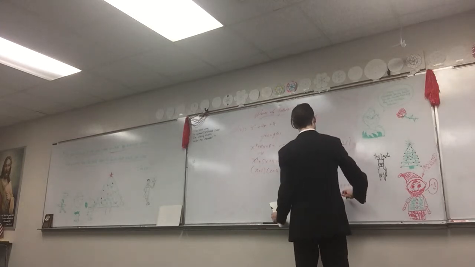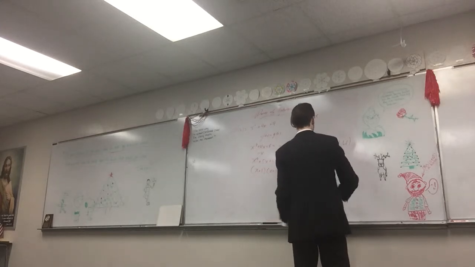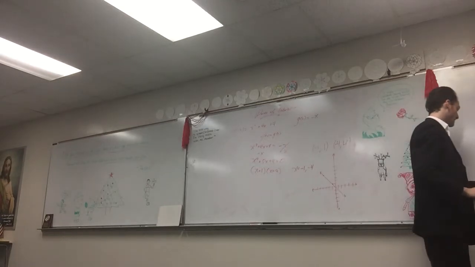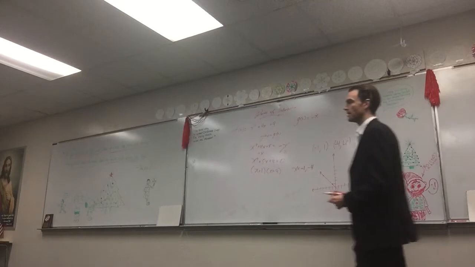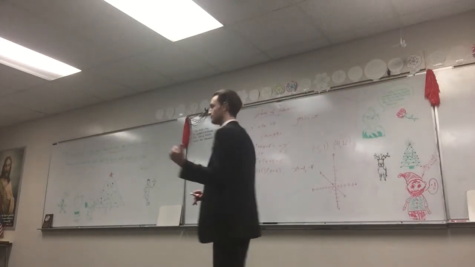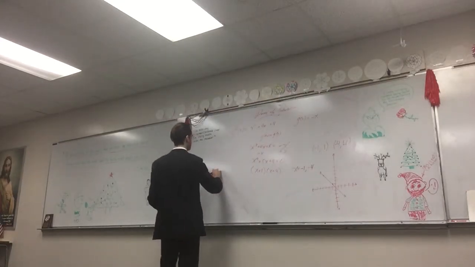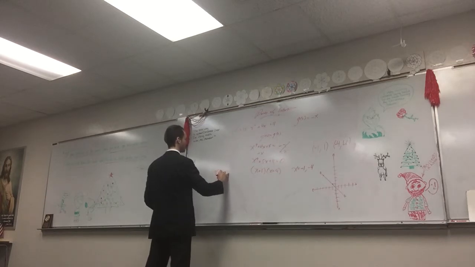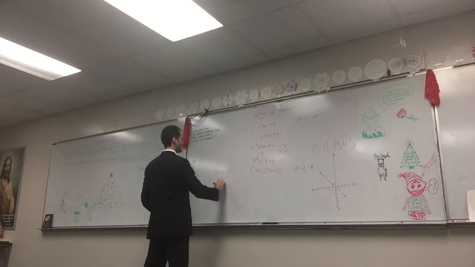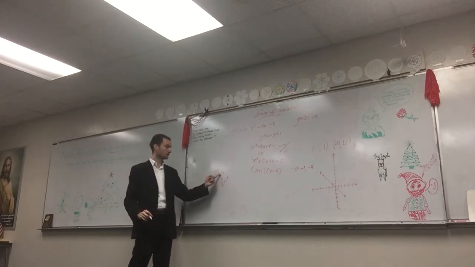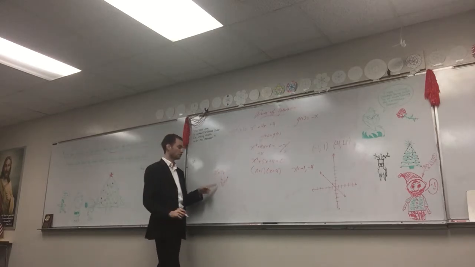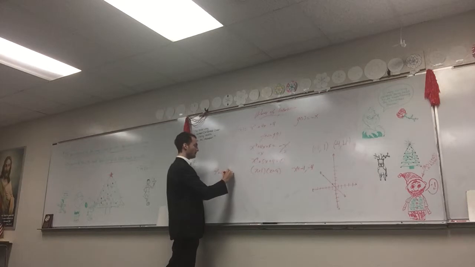Now the parabola is a little bit different. In order to graph the parabola in a good way, what do I need to find? The vertex. So to complete the square, x squared plus 4x, divide the 4 by 2, I get 2, and 2 squared is 4.